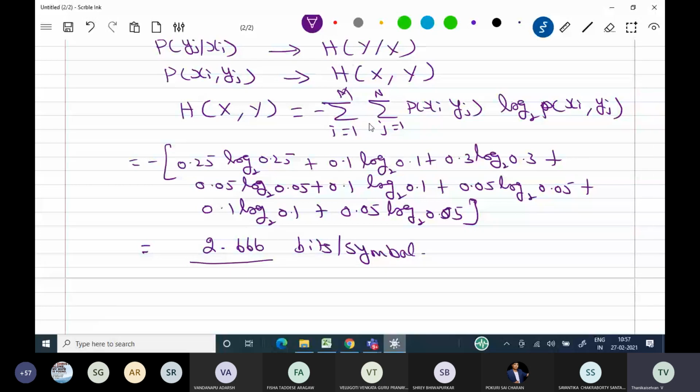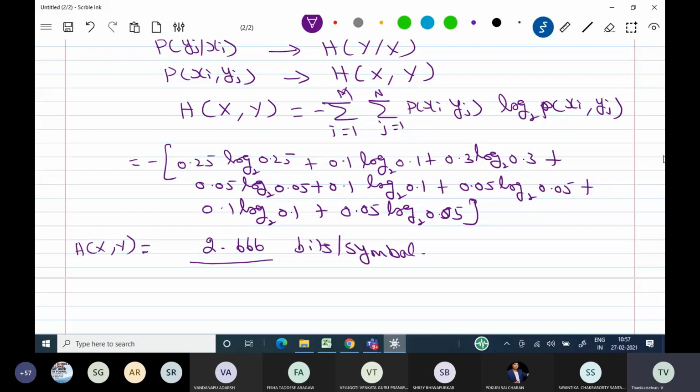I hope you know the expansion of this double summation, and log base 2 also, which I explained in the very first week. So the joint entropy is equal to 2.66 bits per symbol. Now this calculation is also over.